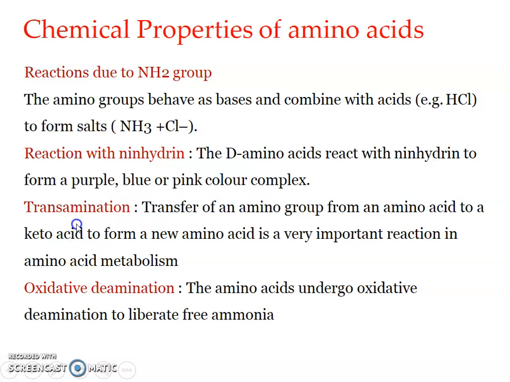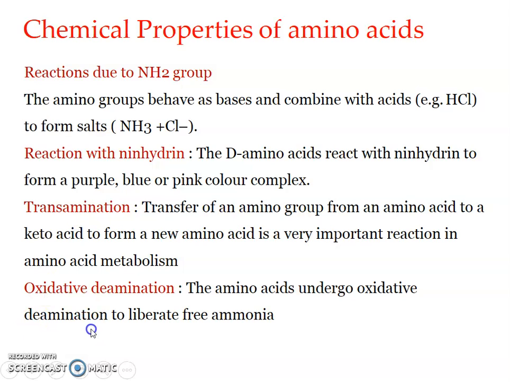A keto acid is formed when the amino group is lost. The transfer of an amino group from an amino acid to a keto acid gives rise to a new amino acid, and the donor amino acid becomes a keto acid. So it is a transamination process, a very important reaction in amino acid metabolism, right?